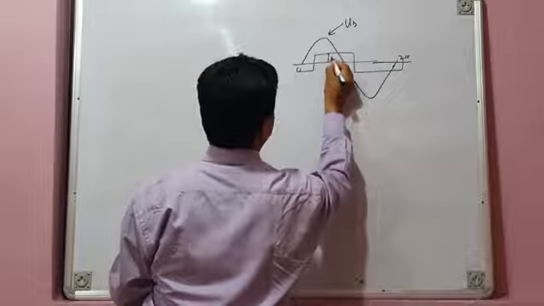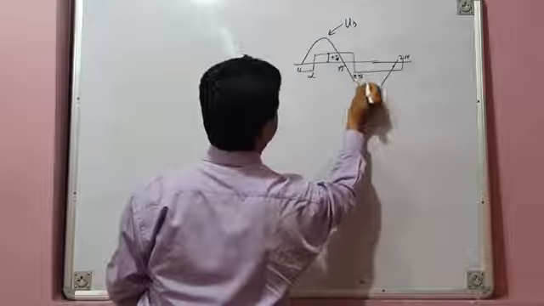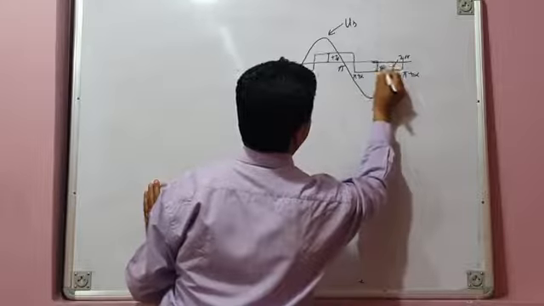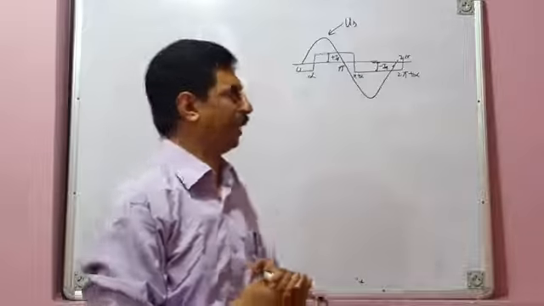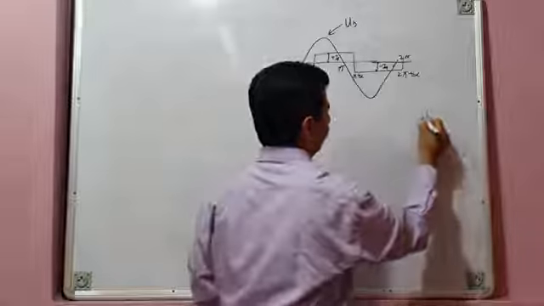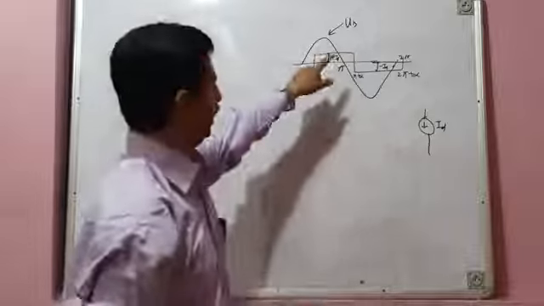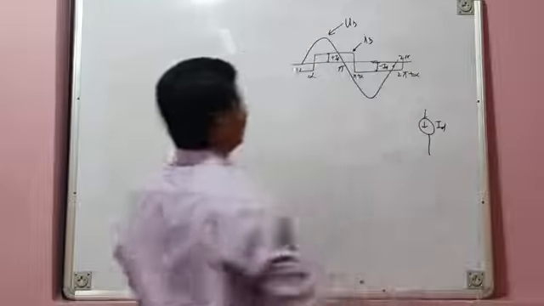Load current is plus ID from alpha to pi plus alpha, and from pi plus alpha to 2 pi plus alpha, it is minus ID. We have already discussed it when we were discussing operation of a single phase full converter for highly inductive load. Highly inductive load means the load was modeled as a current source. If this is source voltage, this is your source current IS.